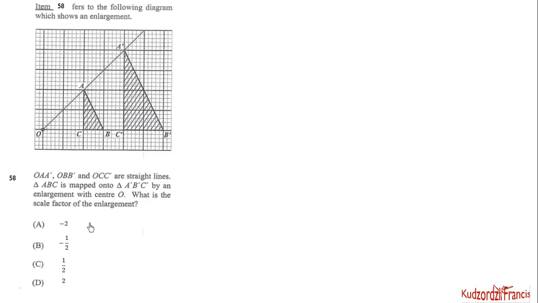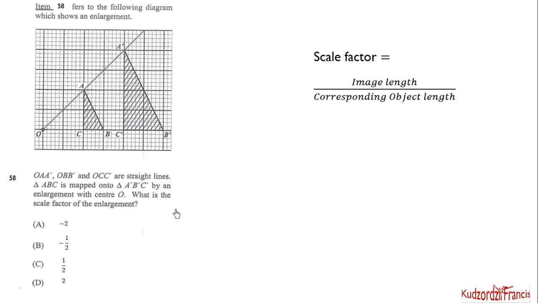So we know that for the scale factor, we can use this relation: image length over the corresponding object length. So from the diagram, we can use this over this or this over this. So let's use this over this. This is 4 units, 1 2 3 4 units, and this is 1 2 units. So 4 over 2 will give you 2. Therefore the correct choice is option D.